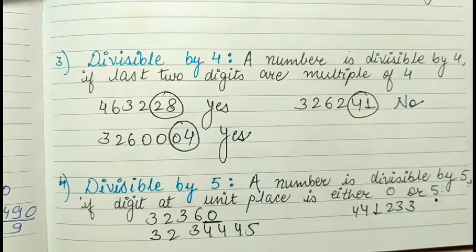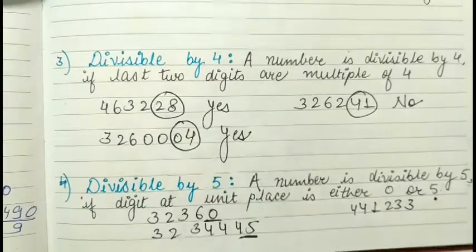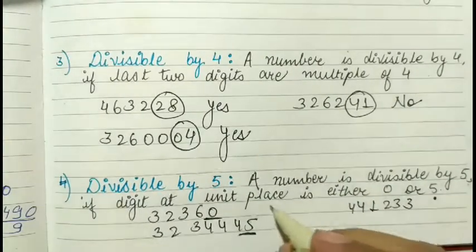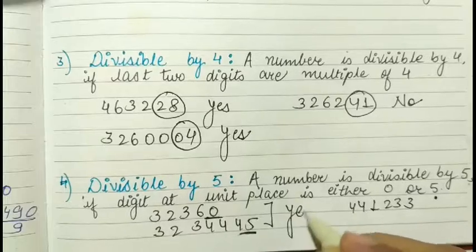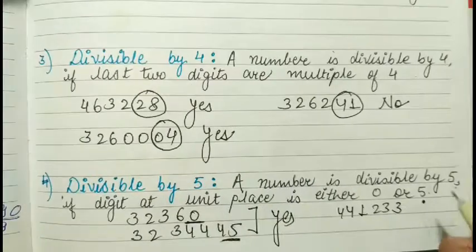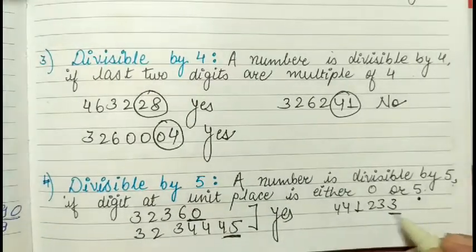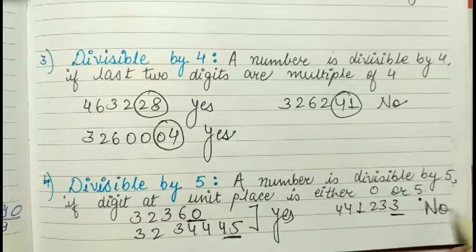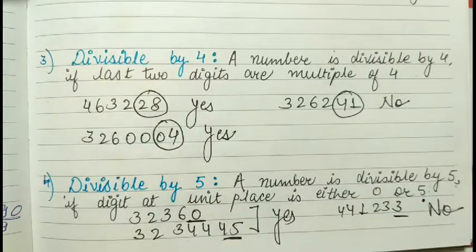Unit digit is 0, unit digit 5. When the unit digit is 0 or 5, the number is divisible. But in this case, unit digit is 3. So number is not divisible by 5.